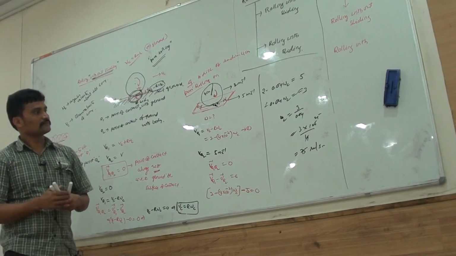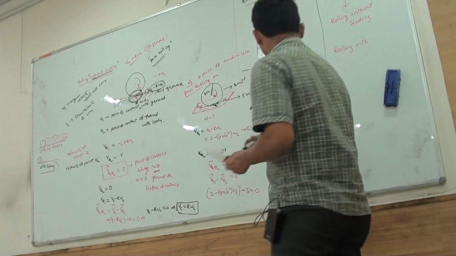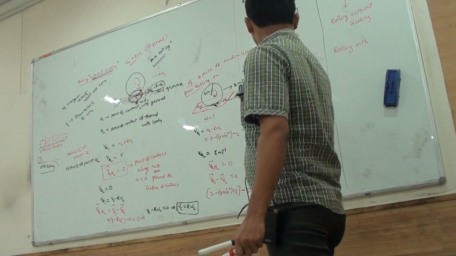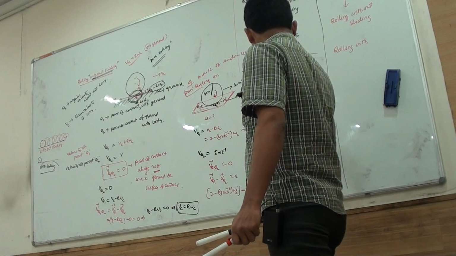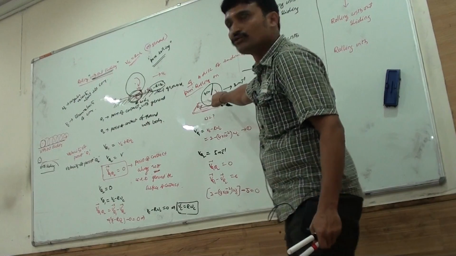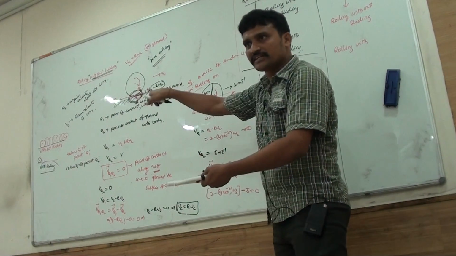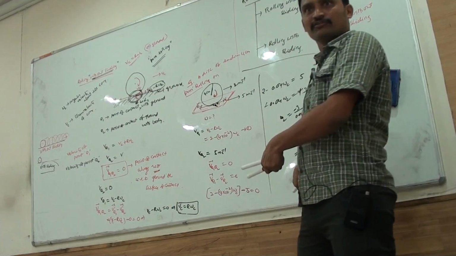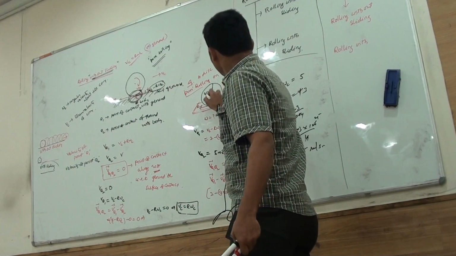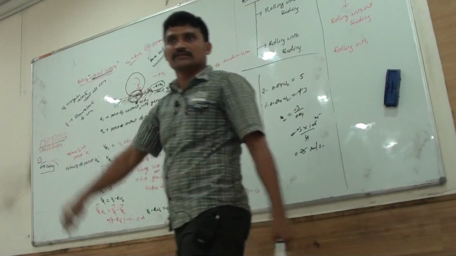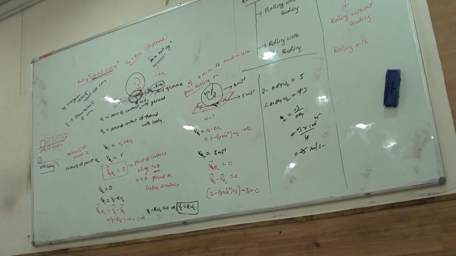Omega comes out negative, so this is plus 3 and omega minus. Omega negative means what? The direction we took was clockwise. So our direction is wrong, and the actual answer is anti-clockwise direction. I got the point here.